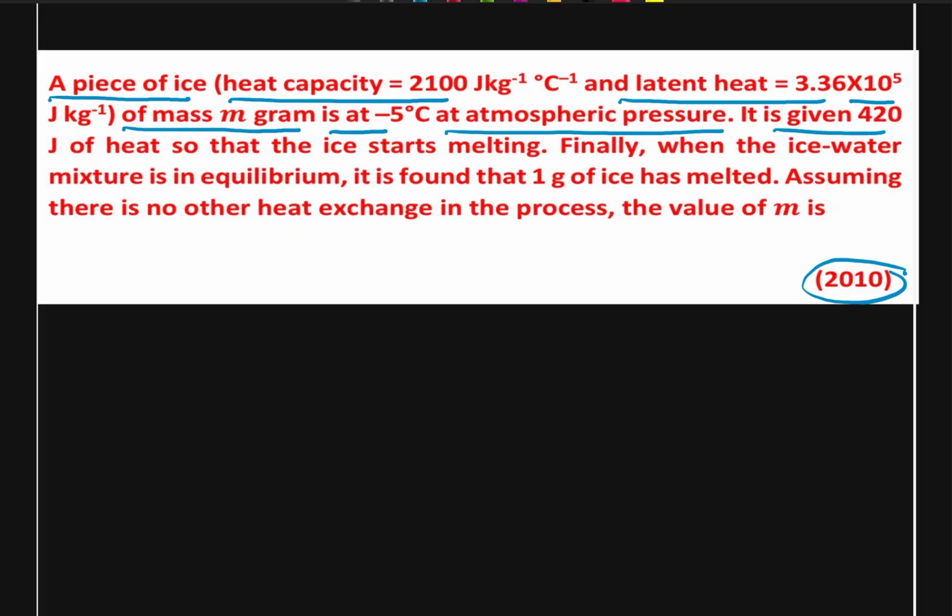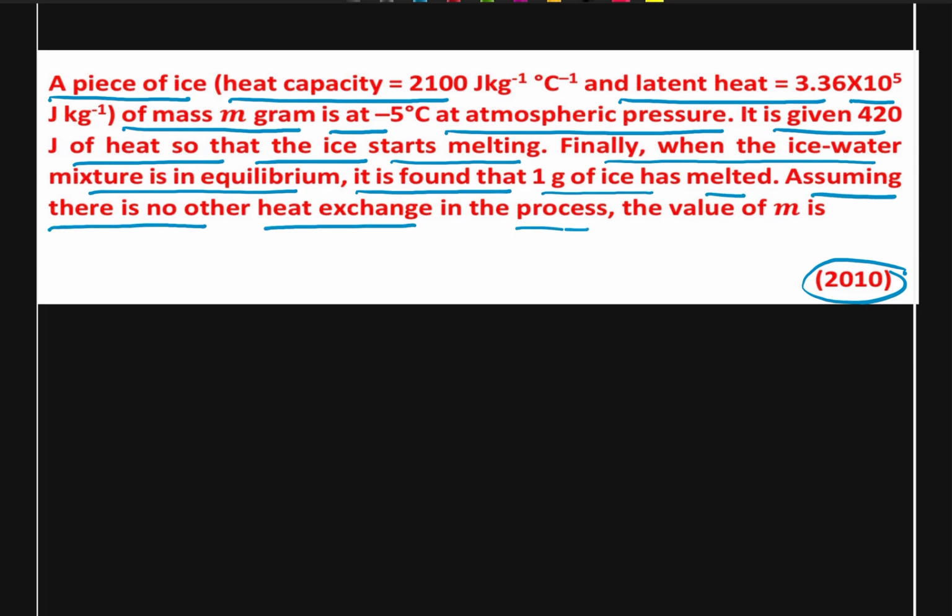It is given 420 joule of heat so that ice starts melting. Finally, when the ice-water mixture is in equilibrium, it is found that 1 gram of ice has melted. Assuming there is no other heat exchange in the process, the value of m is.